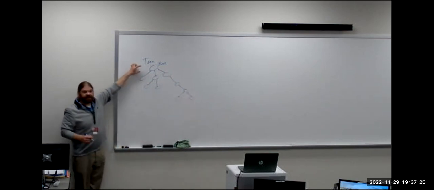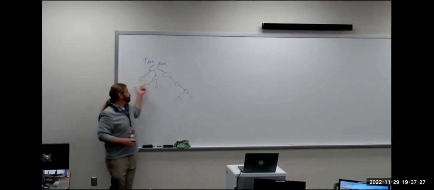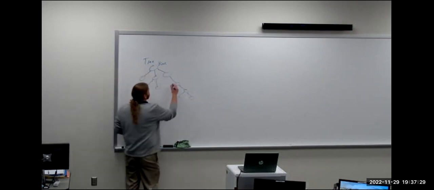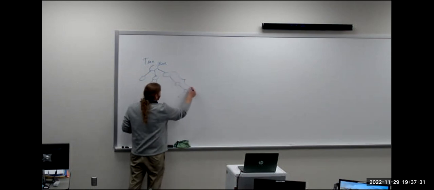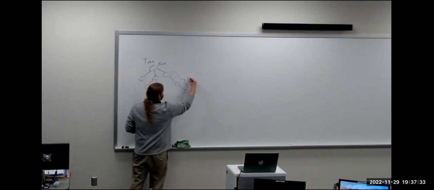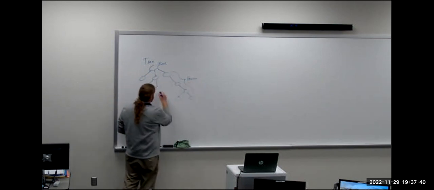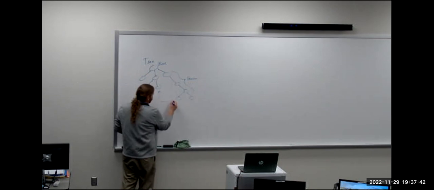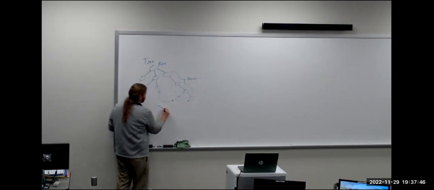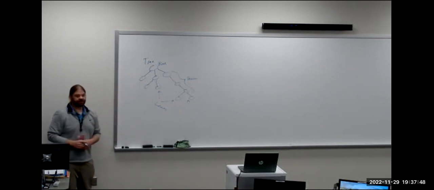At the very top, we have the root, and everything branches off of that. So all the stuff in the middle are called branches. And when we get to the end, like that, and that, and that, those are called leaves. Just normal terminology for a tree.